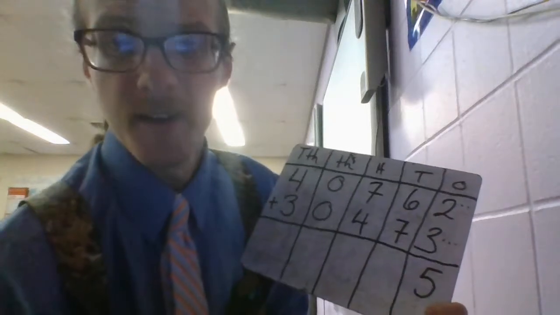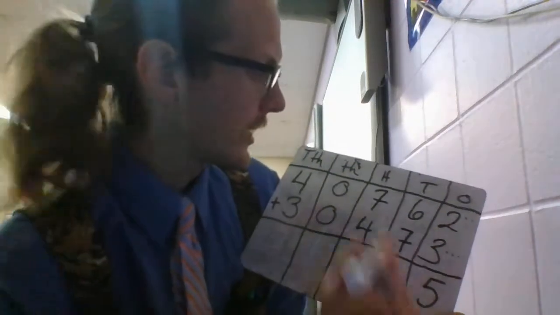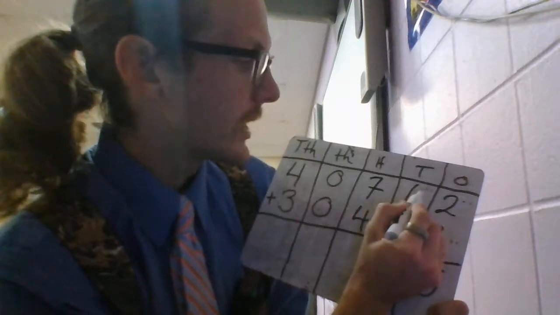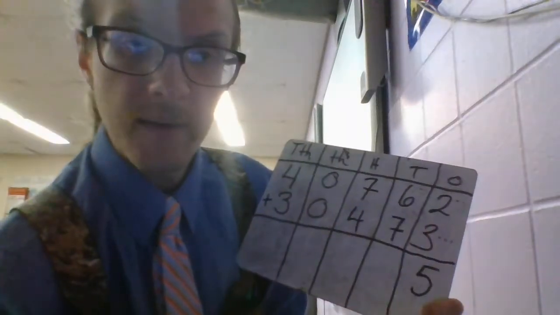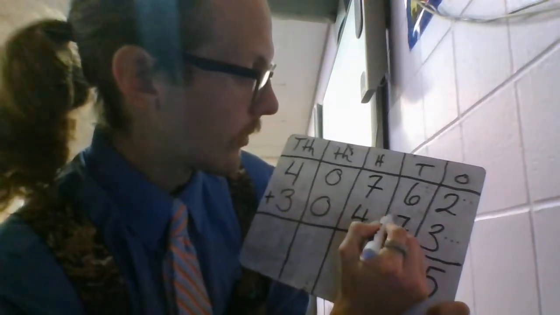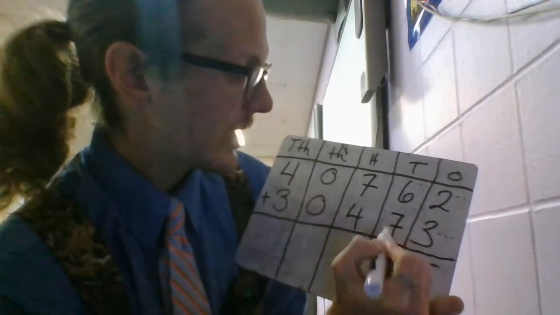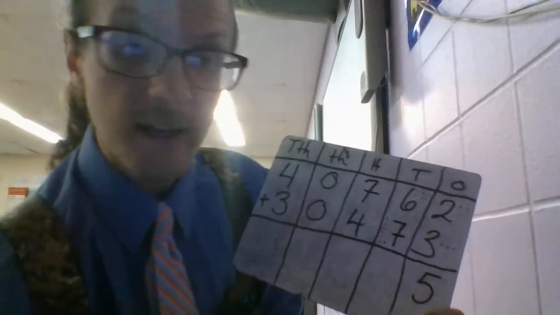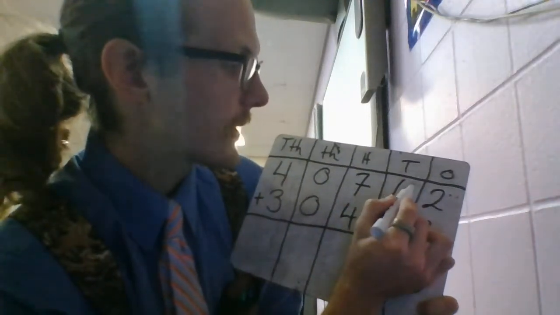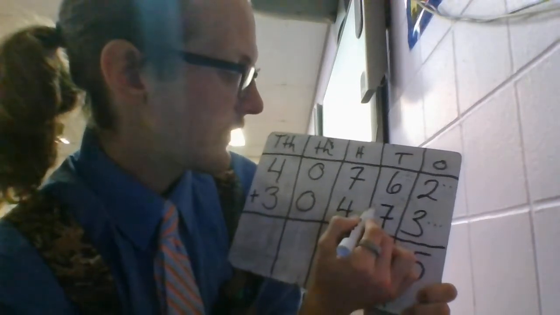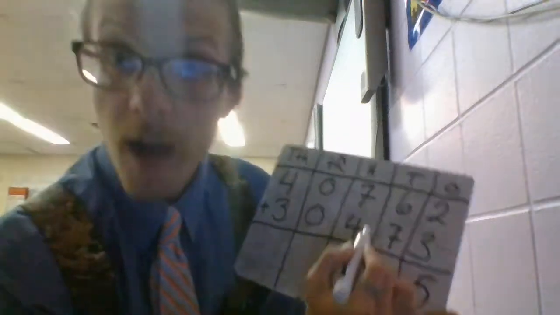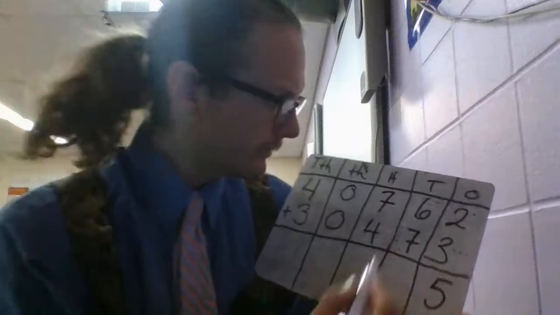Good, that part's done. Moving on to the tens. We have 6 and 7. So let's count those dots. 1, 2, 3, 4, 5, 6, 7, 8, 9, 10. What can we do? Bundle!